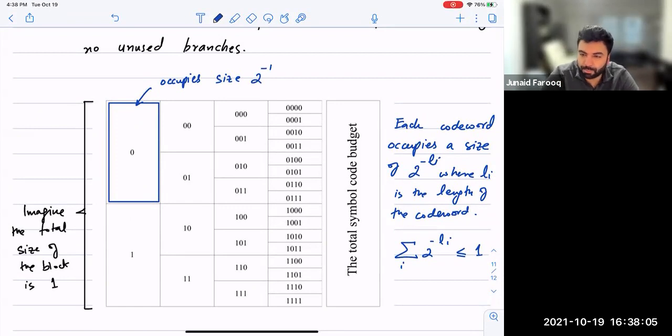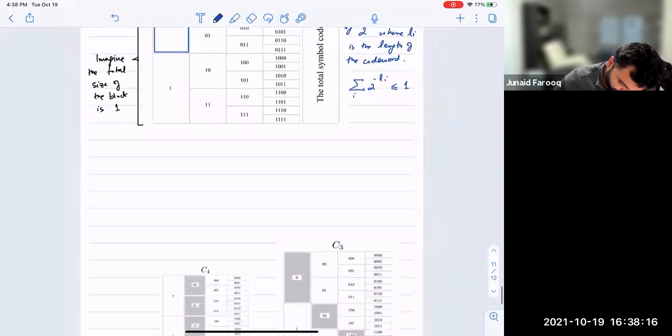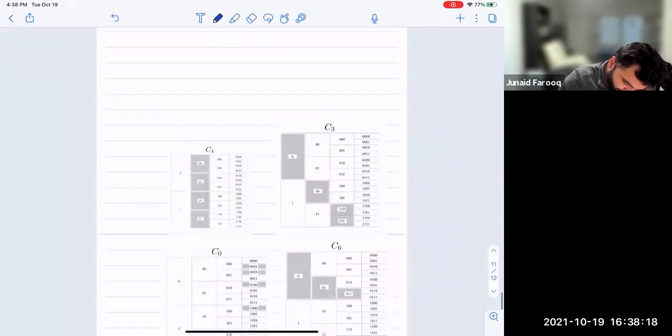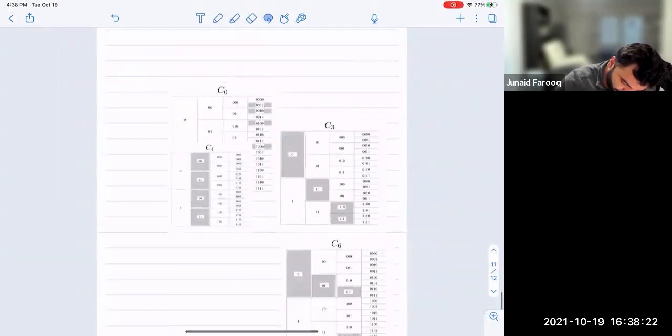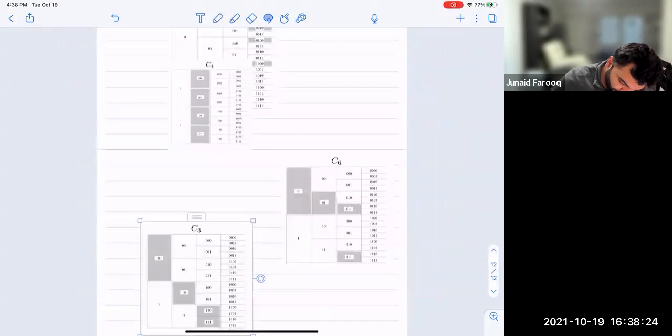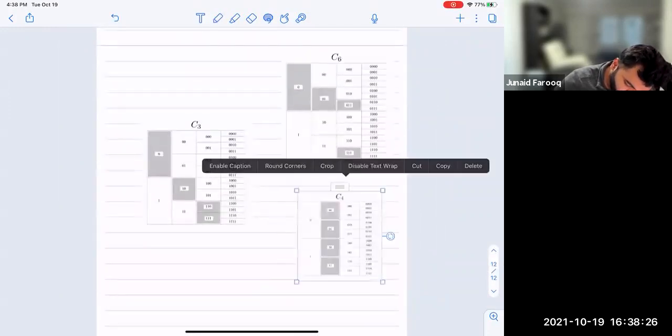It already occupies half your total block. Now, let's look at a code C0. That's our first example here, where the shaded ones are the code words that we pick.